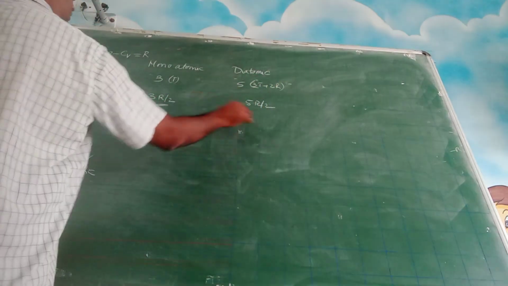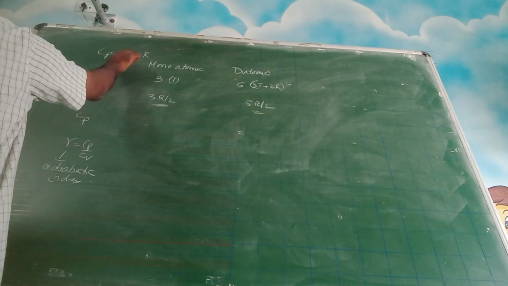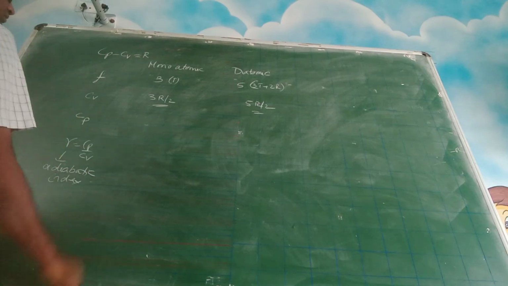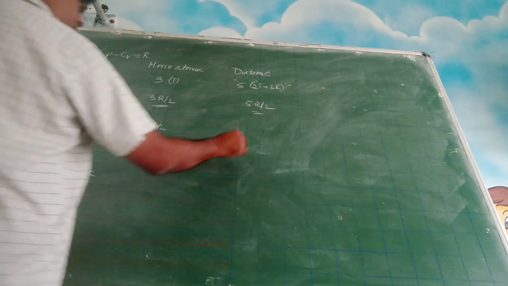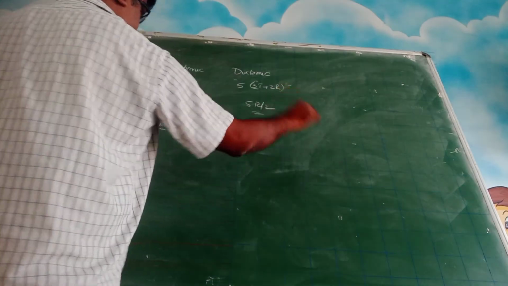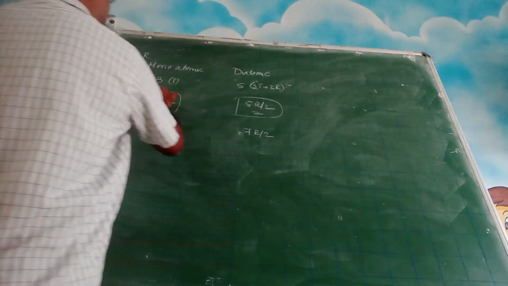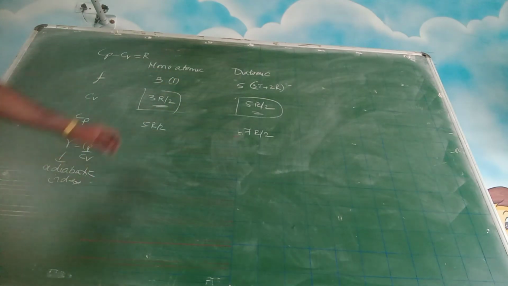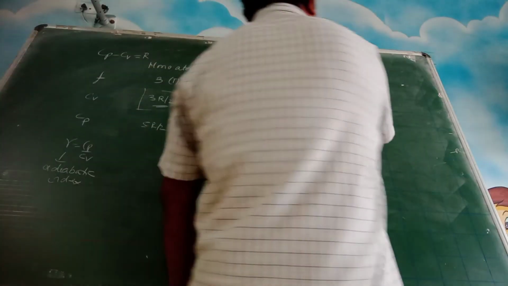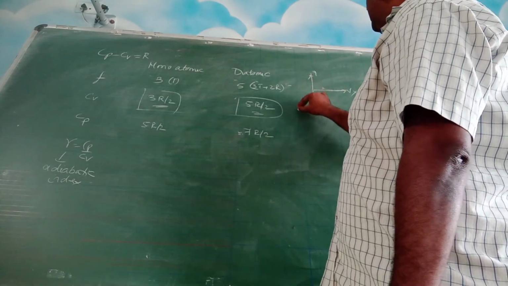These two you have to remember. Once you get this, from this relationship Cv plus R becomes Cp, so it is 3R by 2 plus R, it is 5R by 2, and this is 7R by 2. Okay, so Cp by Cv, only these two are important, and no need to memorize these two also. Basically you are saying that 3 degrees of freedom is there, which means in translation it can have velocity in x, velocity in y, and velocity in z.